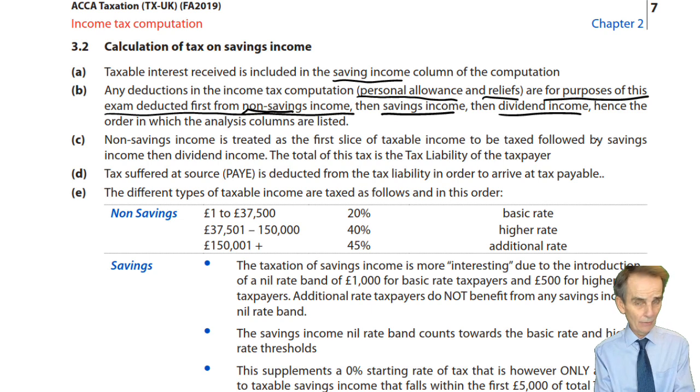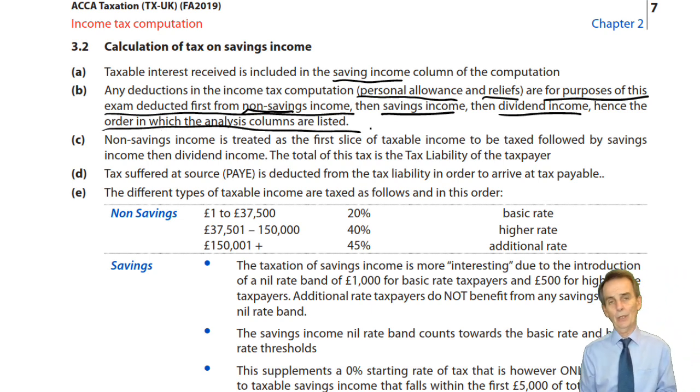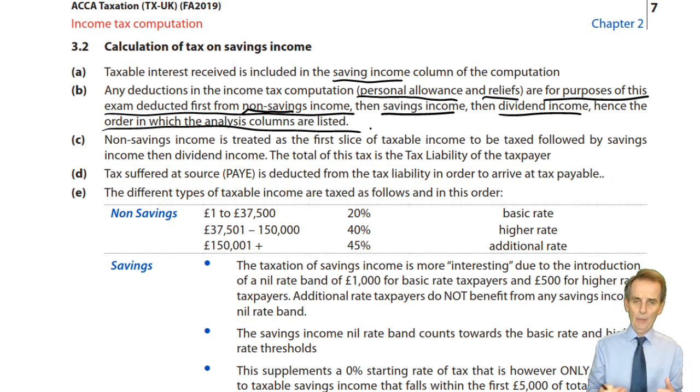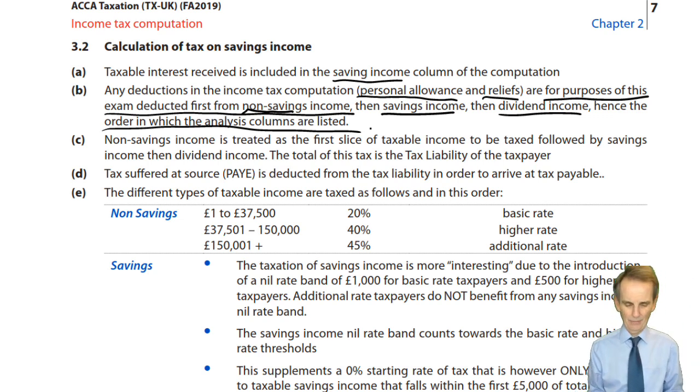And that's the reason, of course, why we have the order in which the analysis columns are listed. As you look at it on your page there, you go through from non-savings to dividend, and you arrive at the end of that at your total income figure.